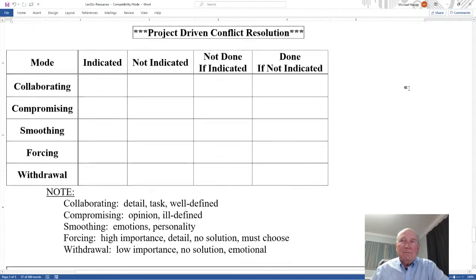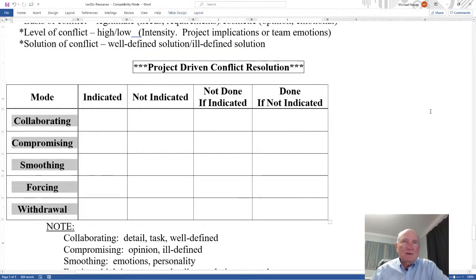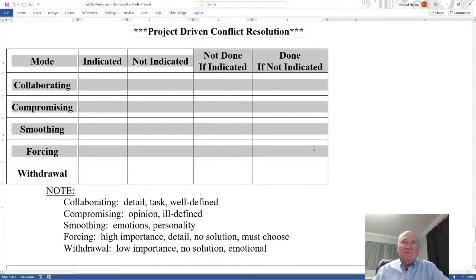Finally, the mode here. I have 5 different modes. There's probably more modes of dealing with conflict, but here, let me identify this quickly. I won't go into the detail. Now, this matrix right here.